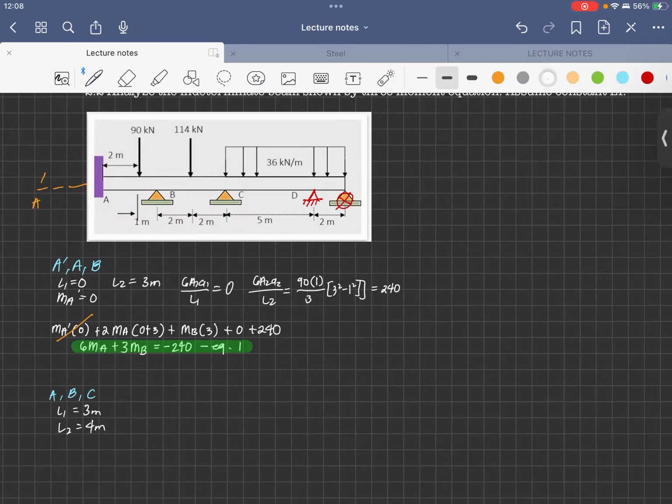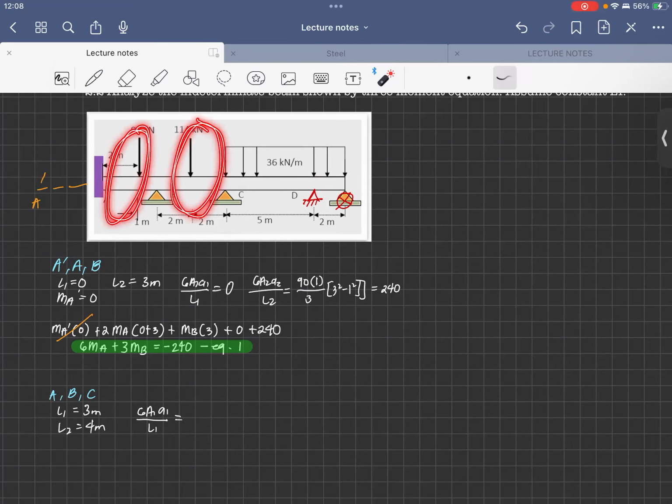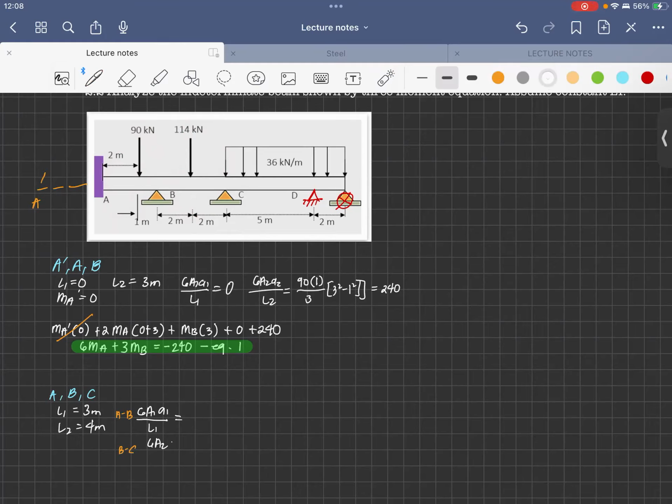So my 6A1 now is, again, this will be your segment 1. This is your segment 2. So to avoid confusion, let me label this: this is A to B, and this is B to C. So this is PA minus L times L squared minus A squared. Both of them only have 1 load each.